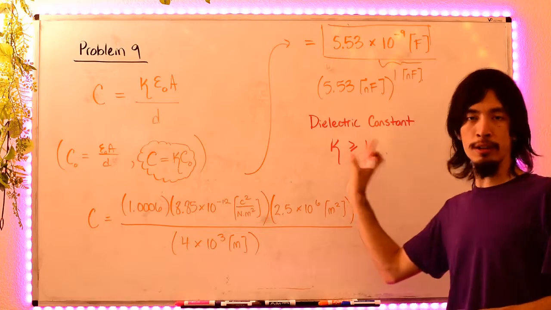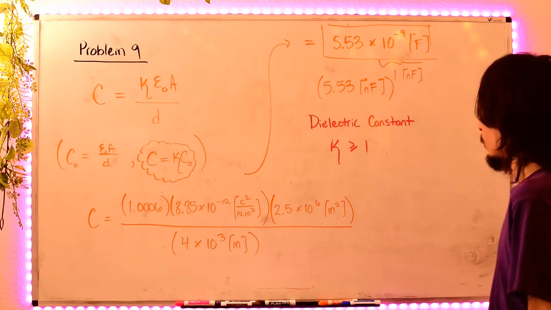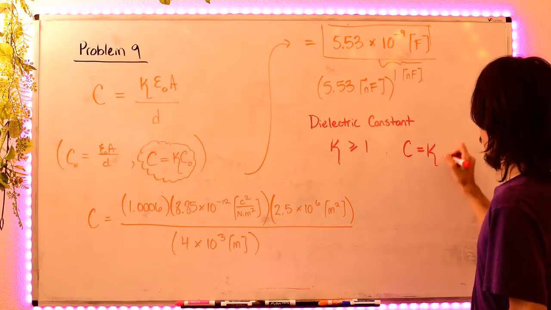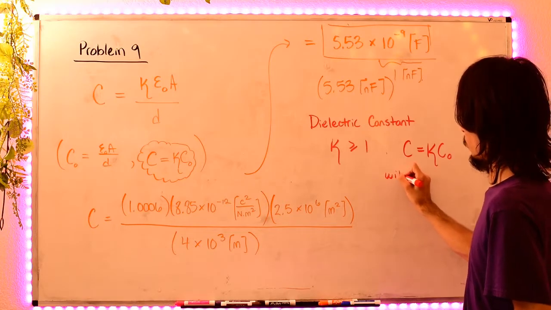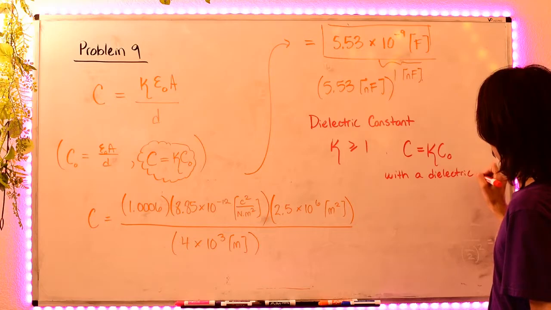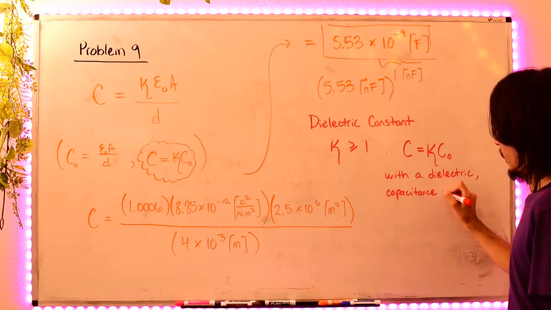It has to be greater than 1 if it's any material that's filled between the plates. So, with that being true, this equation tells us that with a dielectric, capacitance increases.